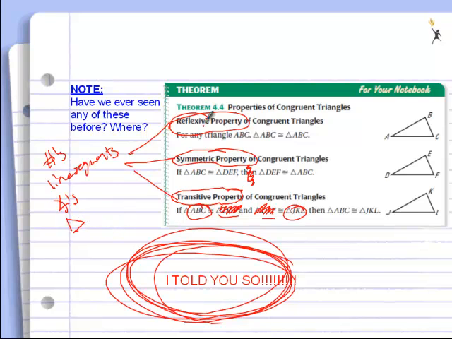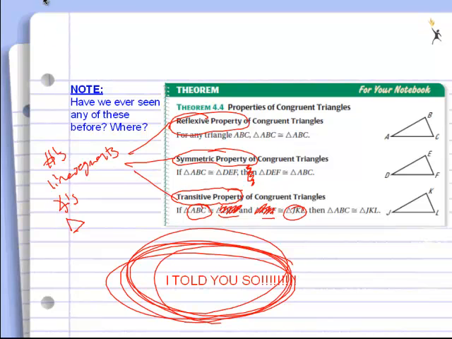This is the fourth time you've seen the reflexive property, the symmetric property, and the transitive property. I told you so. You need to know these three properties. They continue to show up when we get into different types of shapes in Chapter 8. So, just a little heads up. Make sure that you know those, because you will need to use them.